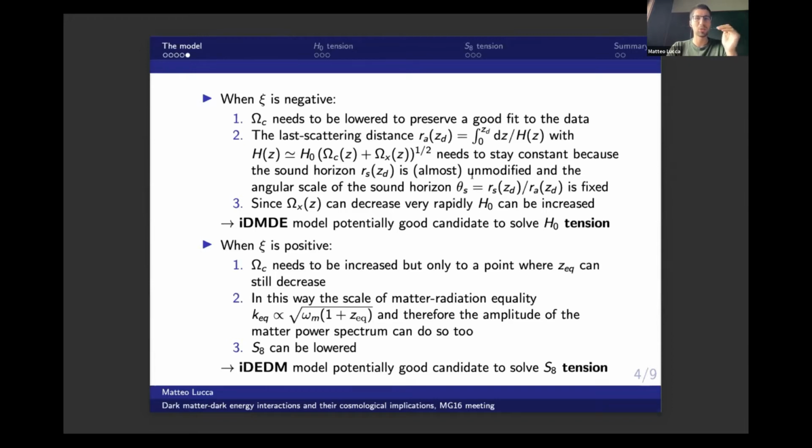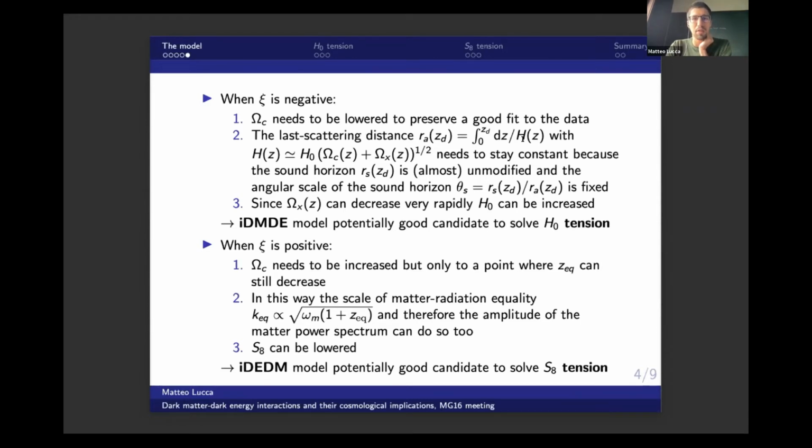But as we know, Planck measured the angular scale of the sound horizon, so this you want to stay fixed. And since what I'm talking about is a late time modification of the expansion history of the universe, you're also not really touching the sound horizon, which is the denominator of the angular scale of the sound horizon. So you want the last scattering distance to be almost unchanged as well.